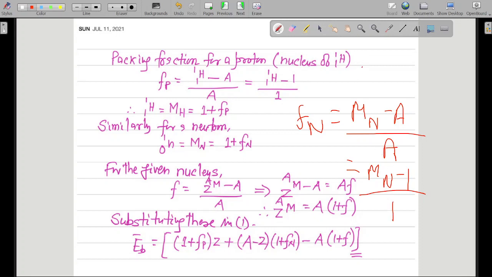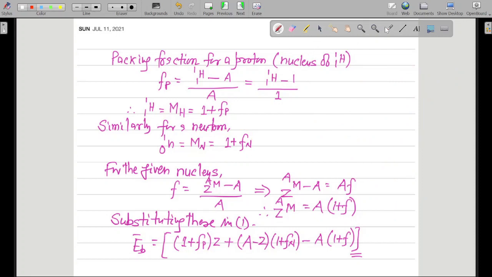So your M_n, that is the mass of neutron, will be equal to F_n plus 1. That's how we have got this expression, mass of neutron equal to 1 plus F_n, that is 1 plus the packing fraction of neutron. So we have got this.